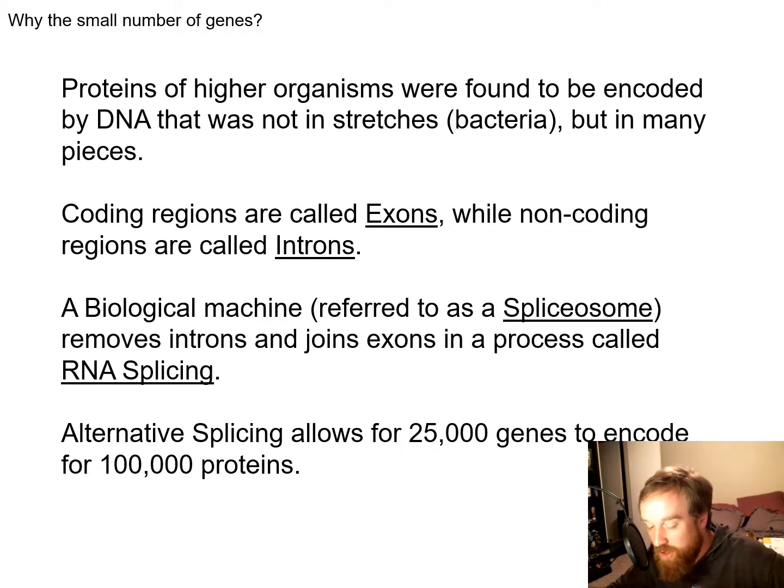Scientists were asked to place bets on how many genes were in the human genome, because we knew some of these lower organisms. Some people bet very low, roughly 25,000 genes, and others bet up to 150,000 genes, right? Because humans are much more complex and much more special than Arabidopsis and E. coli.